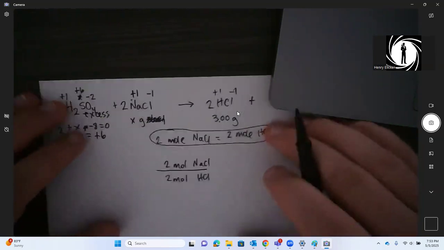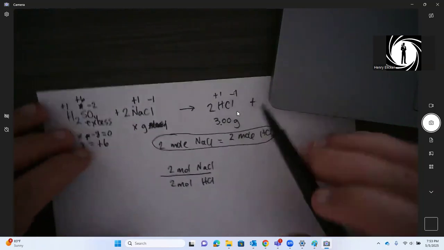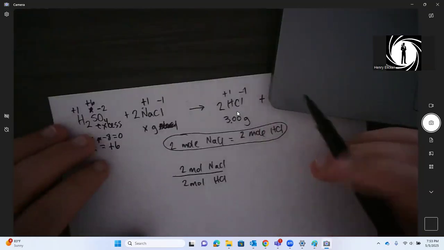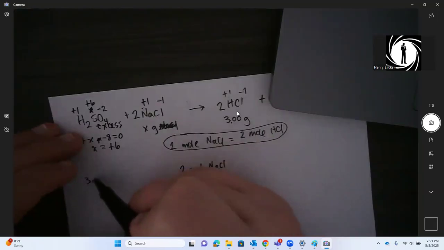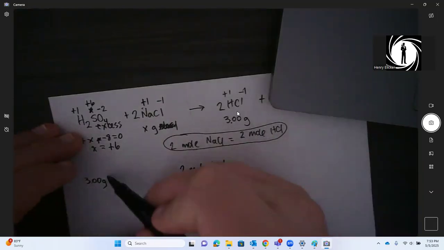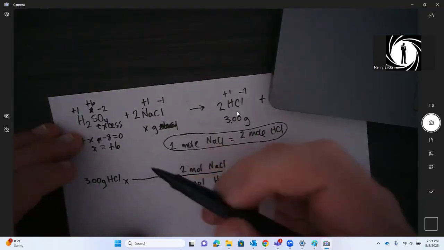Well, but we start with grams of HCl, right? So how can we convert moles to grams? Well, if there's 3 grams of HCl, what's the relationship between moles and grams?